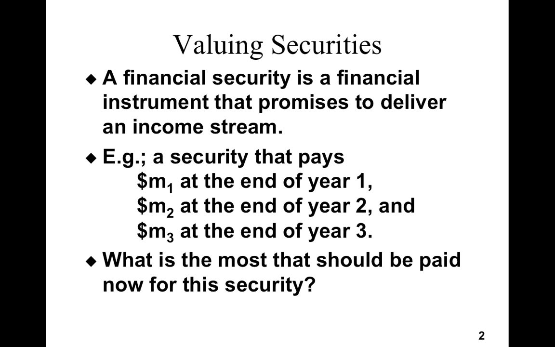Let's assume that this financial security has a life of 3 years. At the end of 3 years, the financial security ceases to exist. The question is, what is the most that should be paid now for this security?